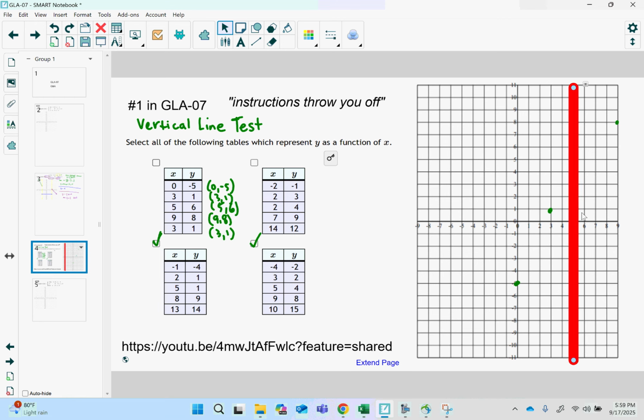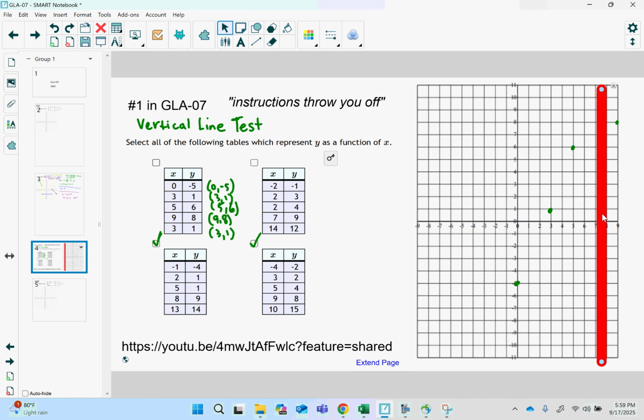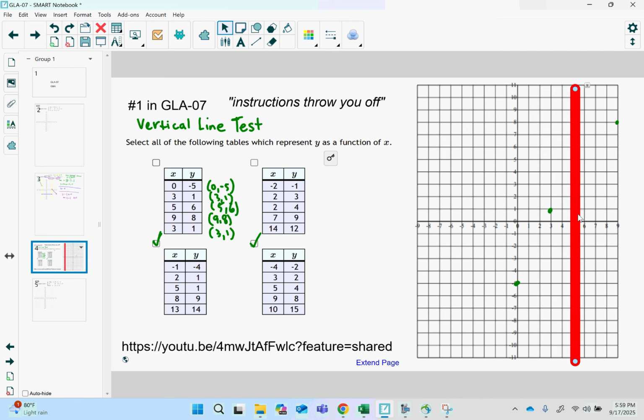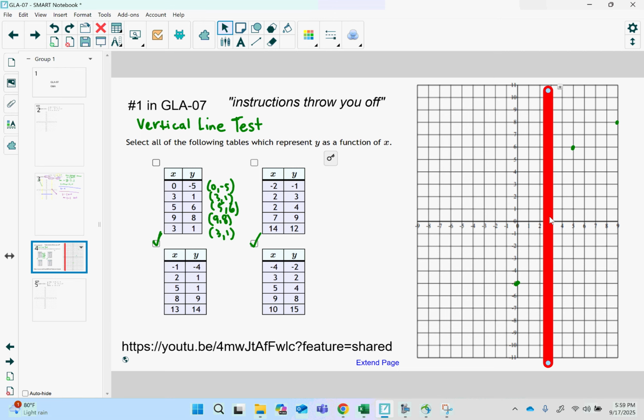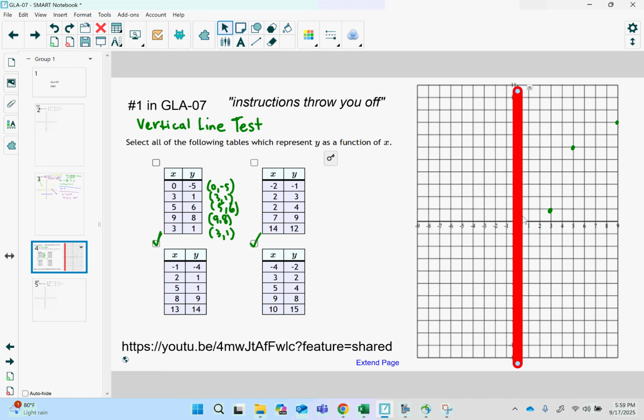So this vertical line was only ever able to touch one of my ordered pairs at a time. So this actually passes the vertical line test. Okay, so it's kind of a trick question, right?